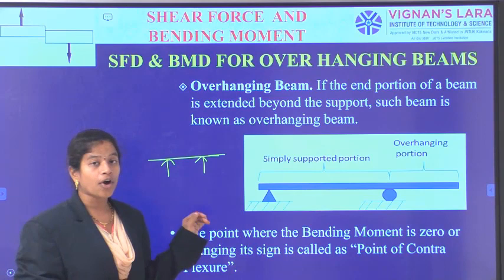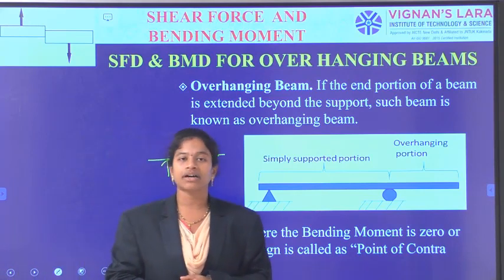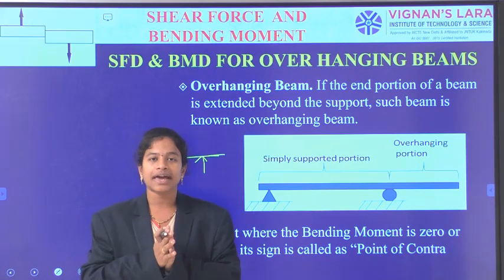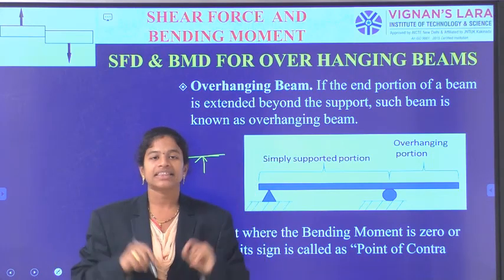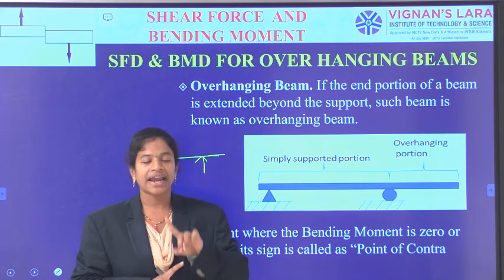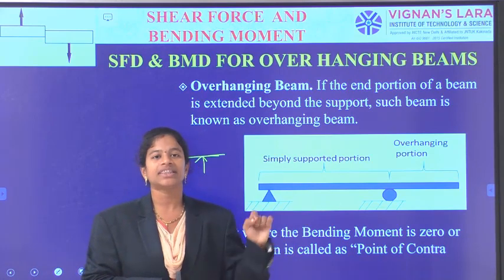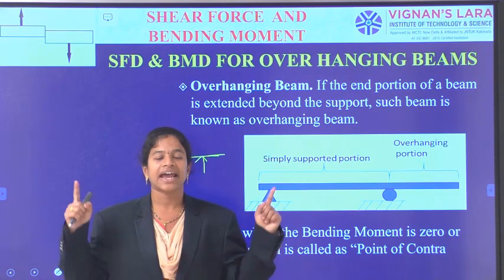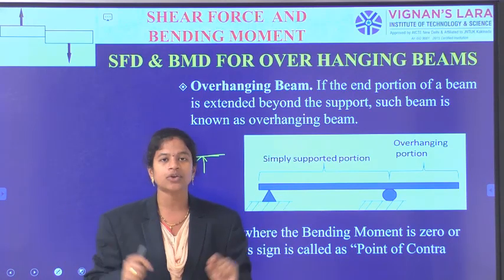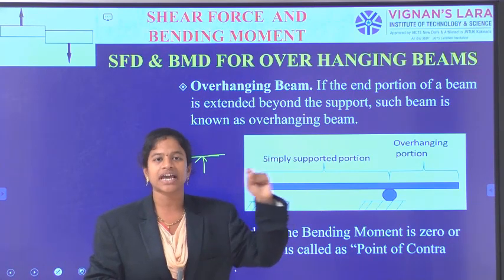Okay. Now the point of contraflexure. In the shear force and bending moment diagrams, we observed that at the simply supported ends the bending moment is equal to 0, and at the free end of the cantilever the bending moment is equal to 0. Also in simply supported beams, at the supports the reaction value is equal to the shear force at the supports.